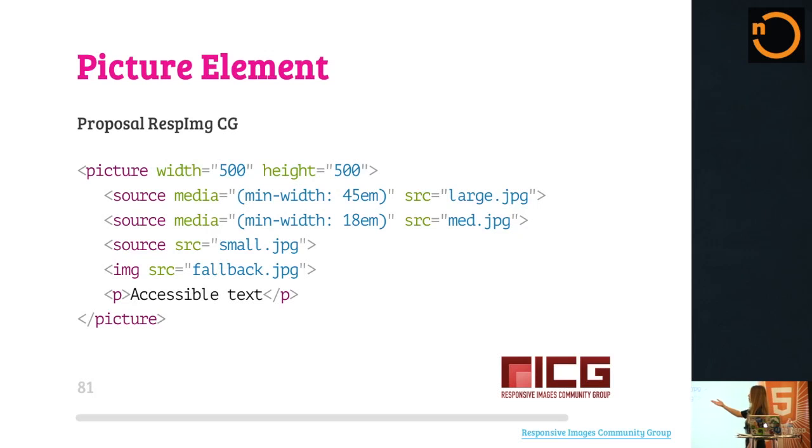Why not in markup too, right? So this is the idea, using media queries in markup. And you take care of the fallbacks and accessible text as well. So I totally support this idea. And again, earlier I mentioned the polyfills, picturefill.js and the Polymer-based X-picture. They're polyfills of this actually. Currently no browser has implemented this. So those polyfills basically mimic this. So you can use it with that.